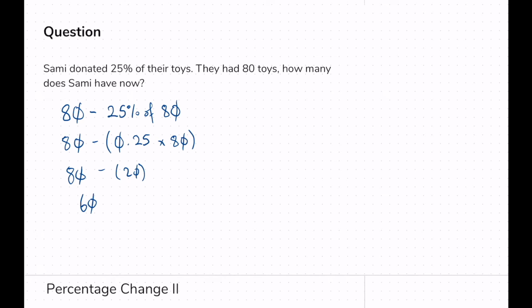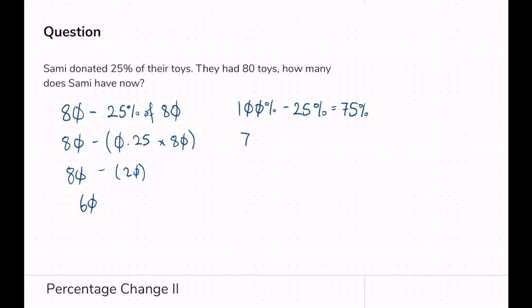Now, another way to think about this is at the beginning, Sami had 100% of her toys. And after giving away 25%, she now only has 75% of her toys. Okay, so she started with 100%, now she has 75%.